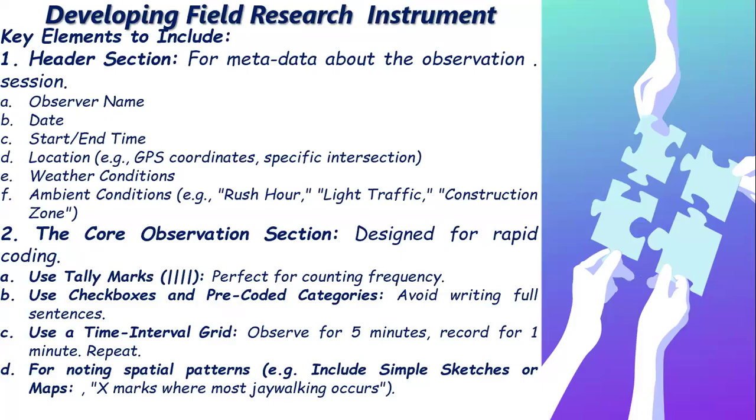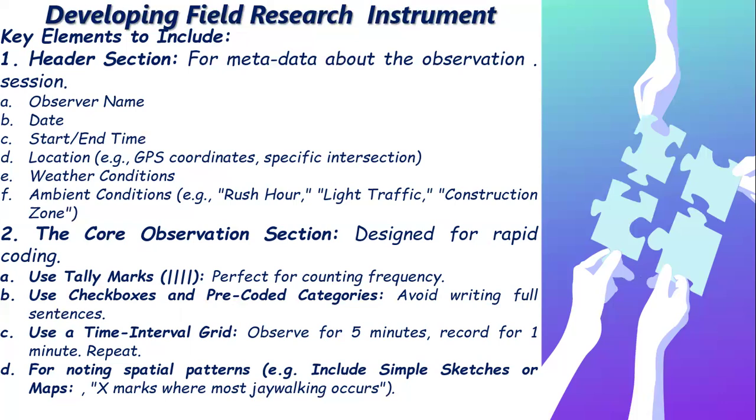The core observation section is designed for rapid coding using tally marks, which can be in lines, preferred for counting frequency. For example, you are counting the vehicles crossing.